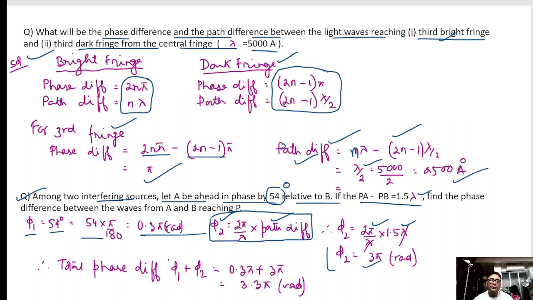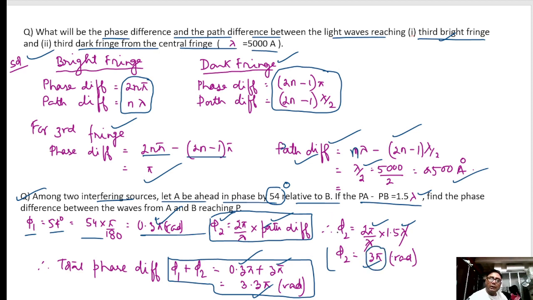So total path difference will be 0.3 pi plus 3 pi, which is 3.3 pi. Find the phase difference between the waves reaching from A and B. So that means A is already ahead in phase by 54 degree, and when it is going, it is still making a phase difference of 3 pi.